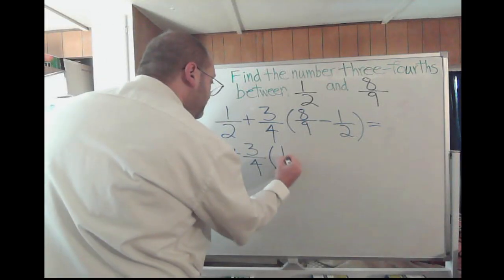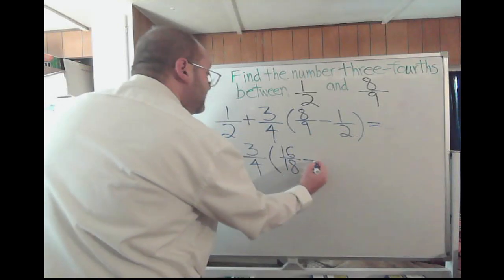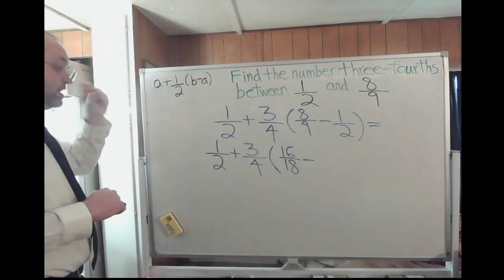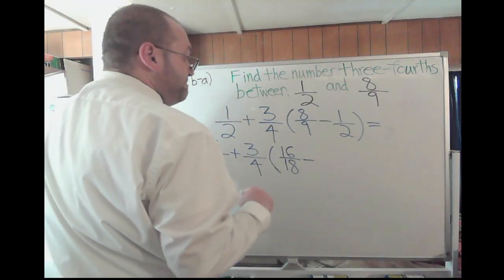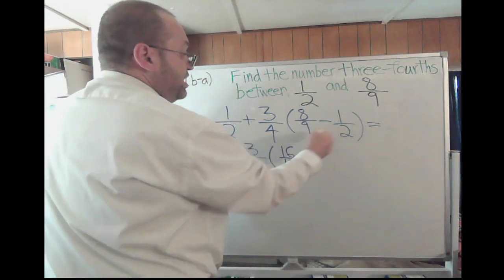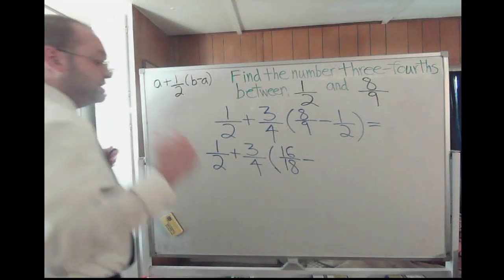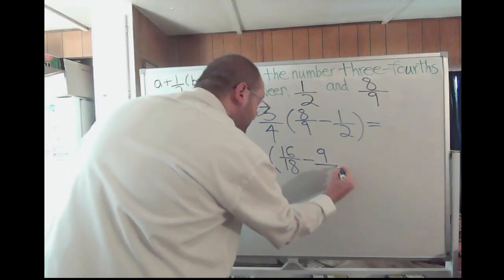If we do that, we'll get 16/18 minus, okay, what you're going to have now is 1/2. You got to multiply both numerator and denominator by 9 in order to get that denominator of 18. If you do that, you get 9/18.